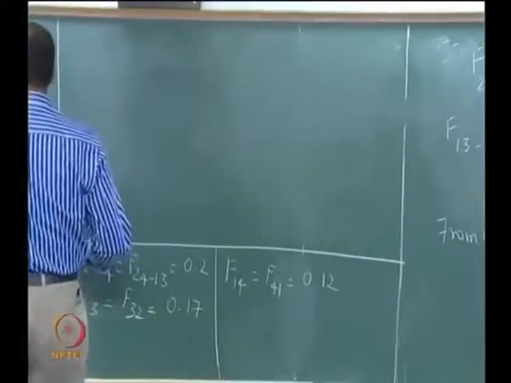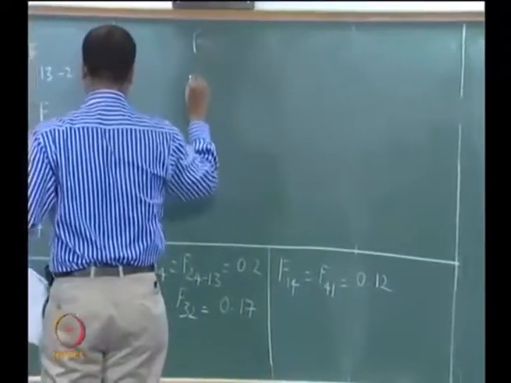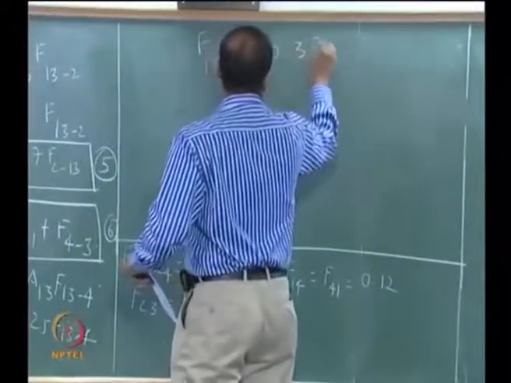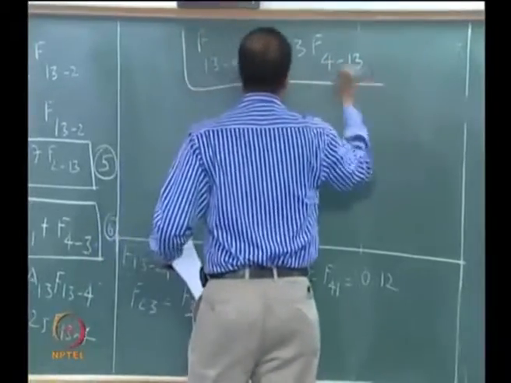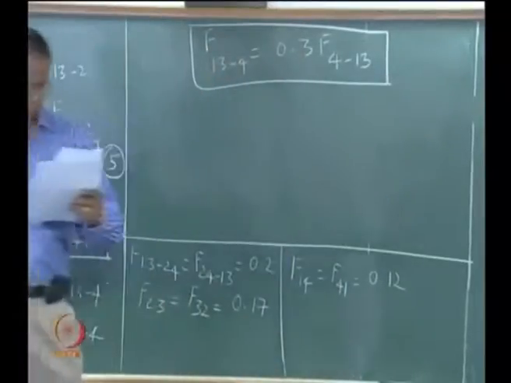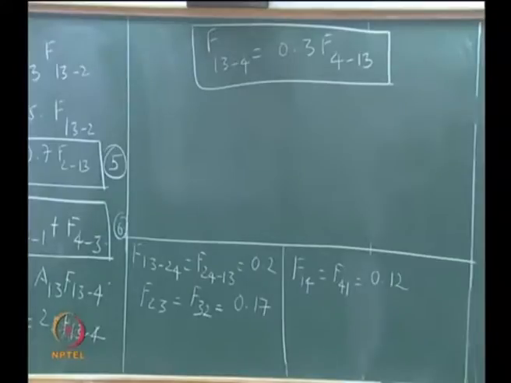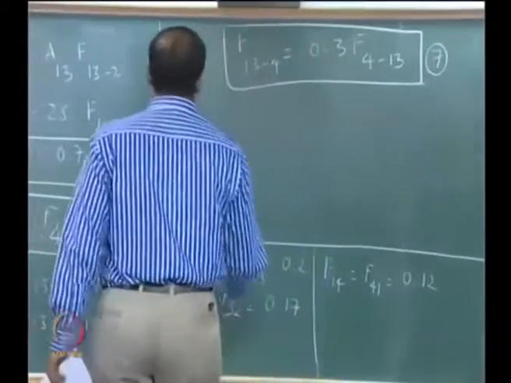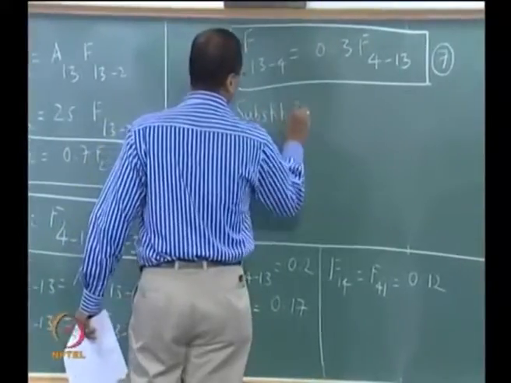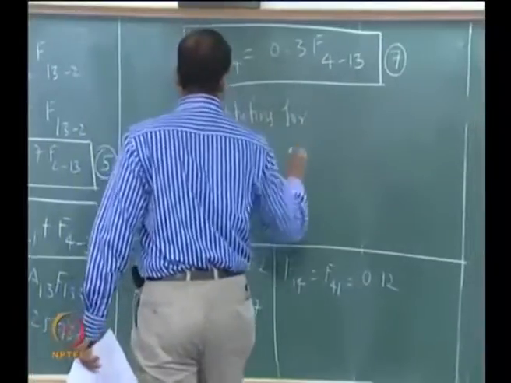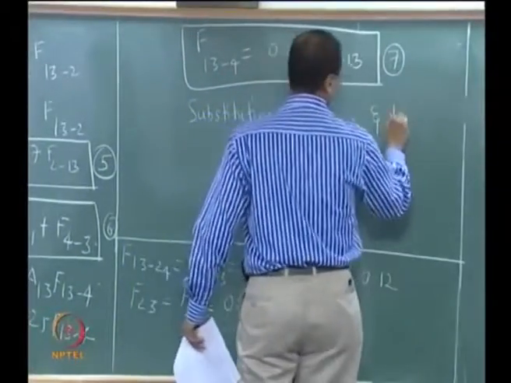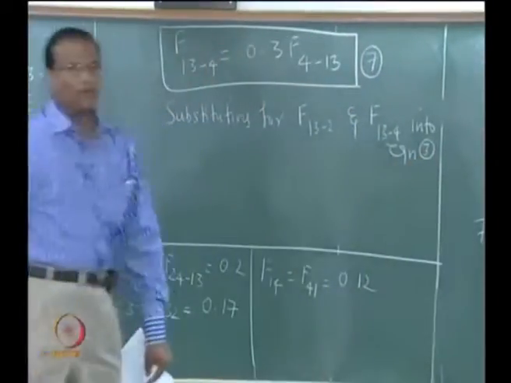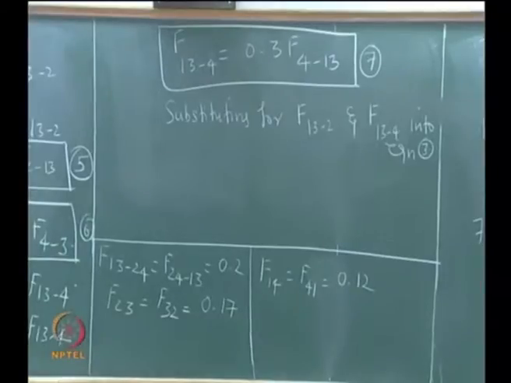Okay. So this I will call it a 7. So I substitute for F13 to 2 and F13 to 4 into equation 3.